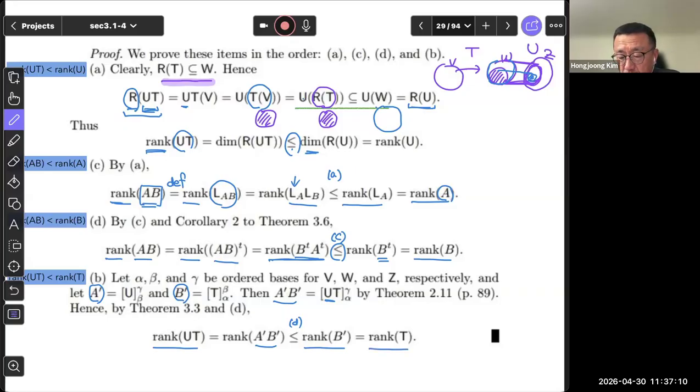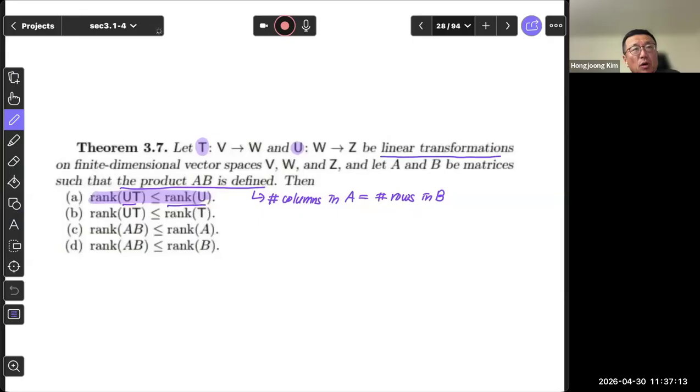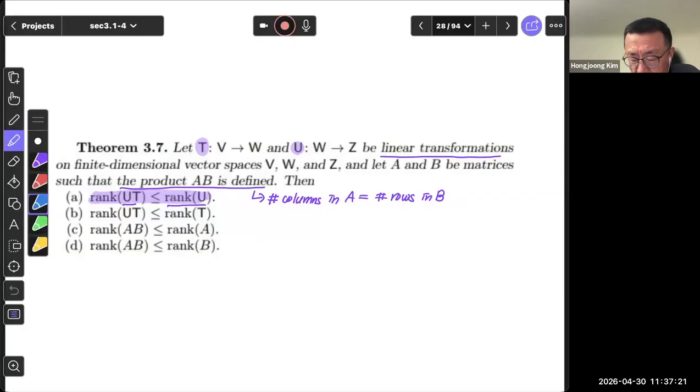So we go back to this. The statement A or statement B says that if I consider the composite of two mappings, the dimension of the composite cannot be increased from the original mapping.